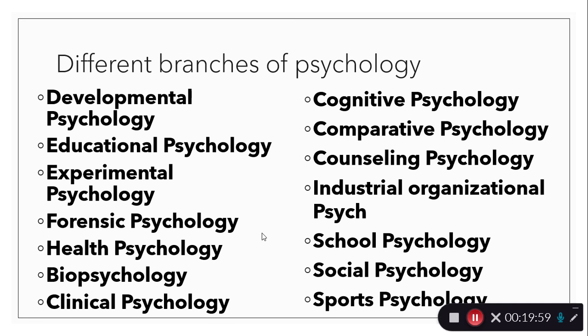It looks like a lot, but I'll go fast. So the first one that we're going to look at is developmental psych, and that's actually going to be in chapter 9, which is the chapter after next that we're going to go over. Developmental psych is very well named because it's looking at human development. Developmental psychology looks at everything that happens from the moment of conception to the moment of expiration. Everything.